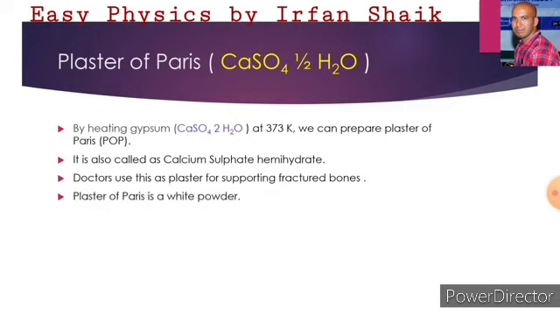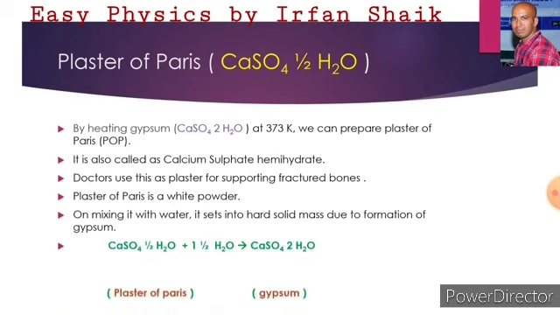On mixing it with water, it sets into a hard solid mass due to the formation of gypsum. Here is the chemical equation which shows this. When plaster of Paris, CaSO4·½H2O, is mixed with 1.5 water molecules, we get gypsum, that is CaSO4·2H2O.